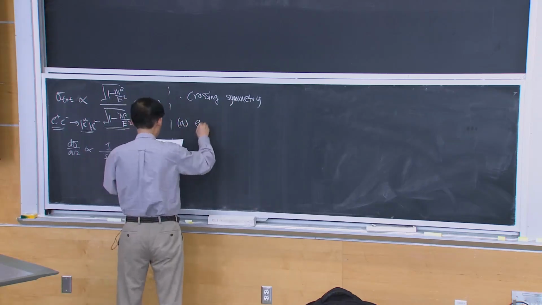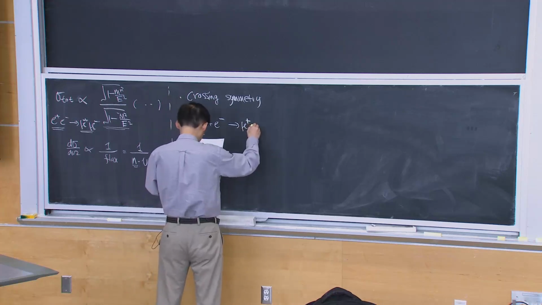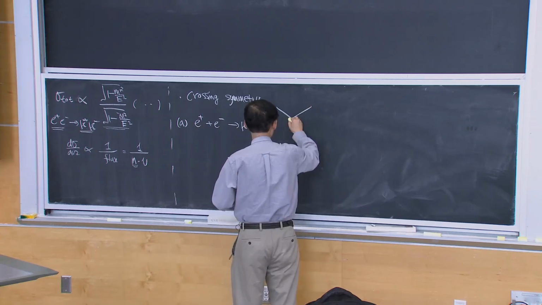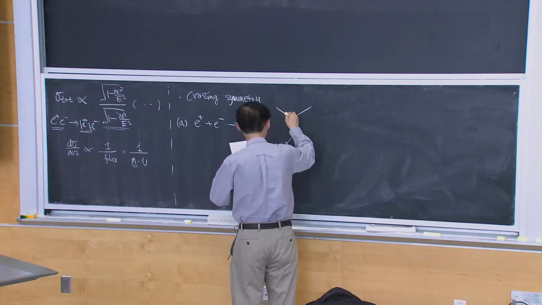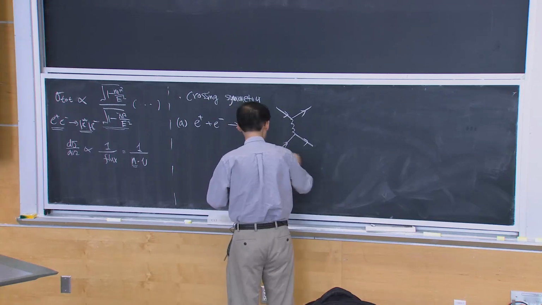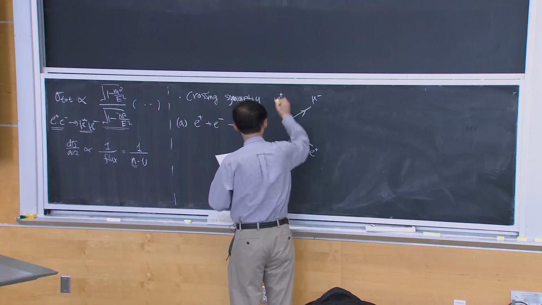One is e+ e- goes to mu+ mu-, as we just discussed, with the Feynman diagram going like this. This is the e-, e+. This is the mu-, mu+.